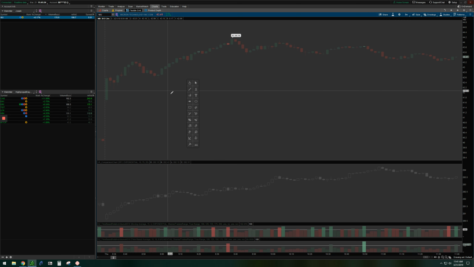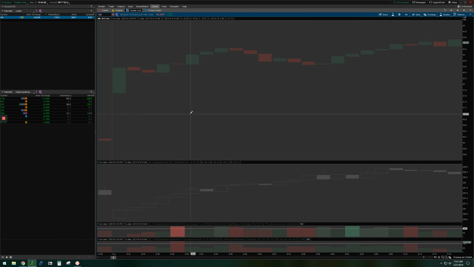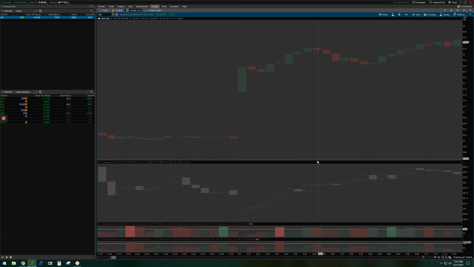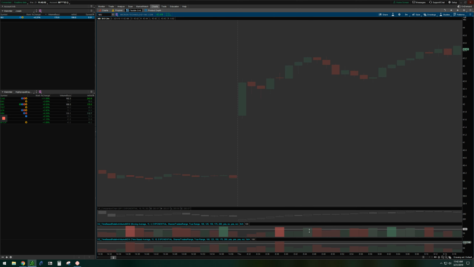Let's see here. Let me zoom in a little bit better here. Well, that didn't really help because it's too squished. So let's make a little bit more room. So on a break above this candle, we got to 2R right around the high of the day here.